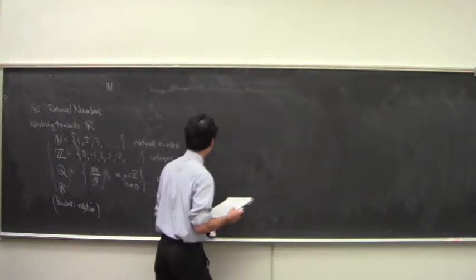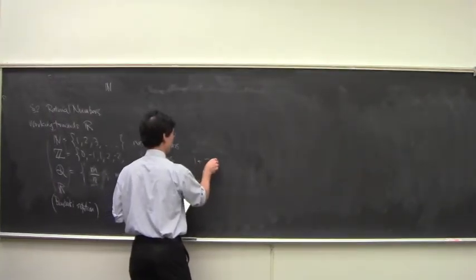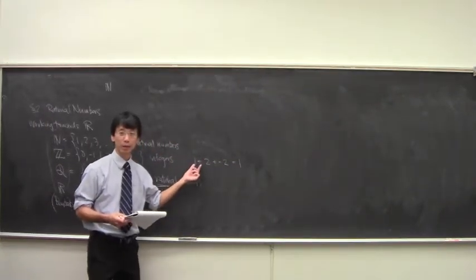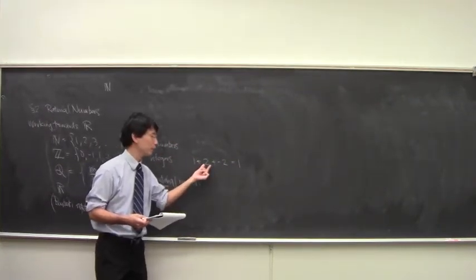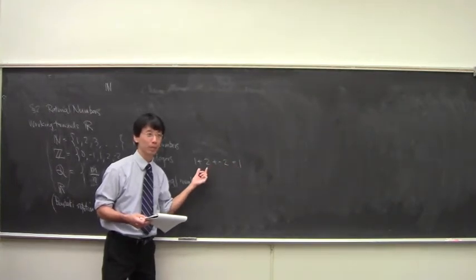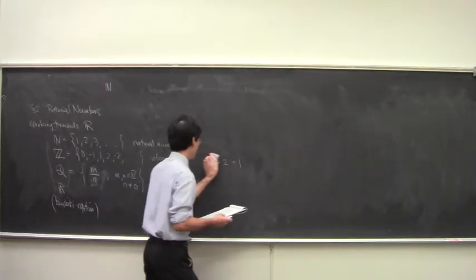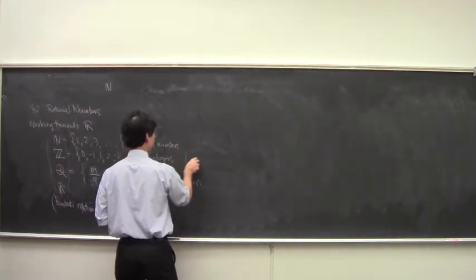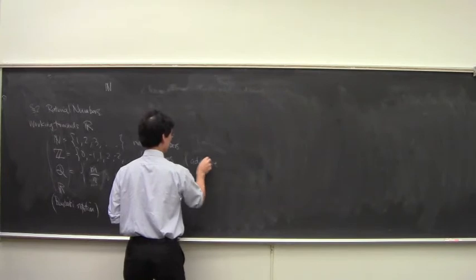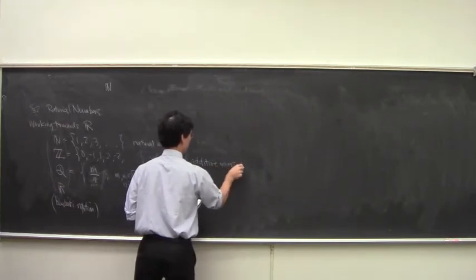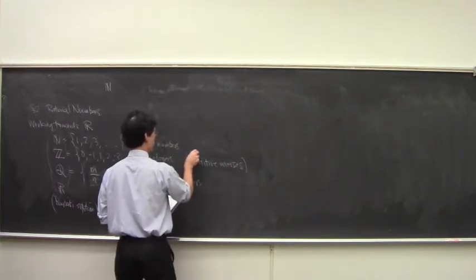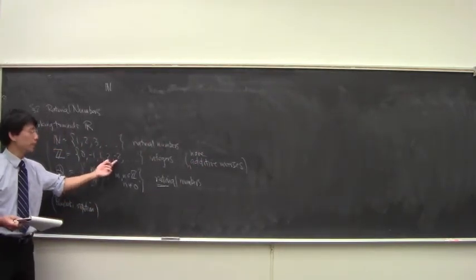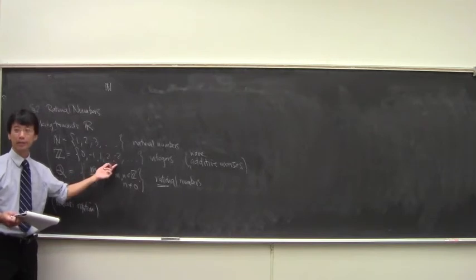But once you have the integers, then it's possible. I add on -2, and that gets me back home again. I started from 1, added 2, added -2, and came back to 1. So what the integers have that the natural numbers don't are so-called additive inverses. No matter what you add, there's something you can add that cancels that effect.